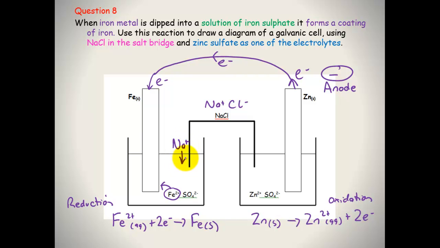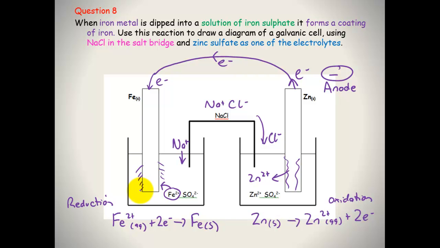So you're going to have sodium ions, positive ions, moving in to replace the lost ions, and on this side you're going to have Cl- anions coming in to balance out the Zn2+ ions that are being produced from the breakdown of the zinc. This of course is going to be the one that's depleted.